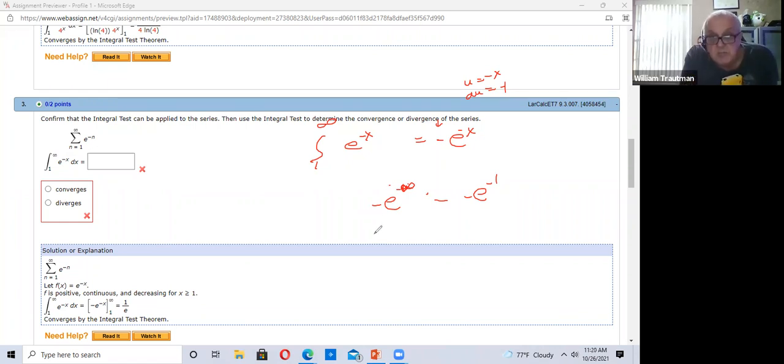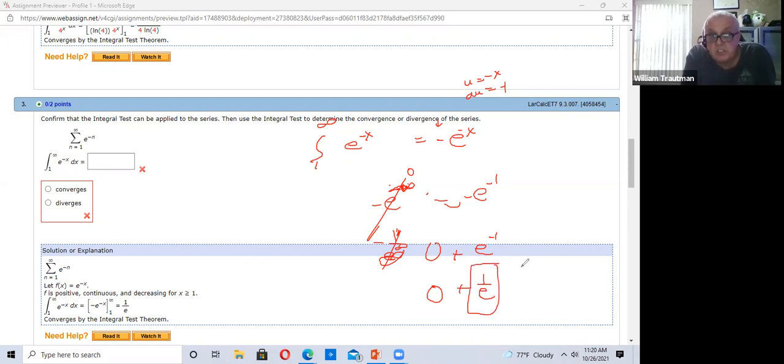It's still a negative 1 over e to the infinity, and 1 over infinity becomes 0. So this becomes 0, and this negative changes to a positive. So you're just left with 0 plus e to the -1, 0 plus 1 over e.